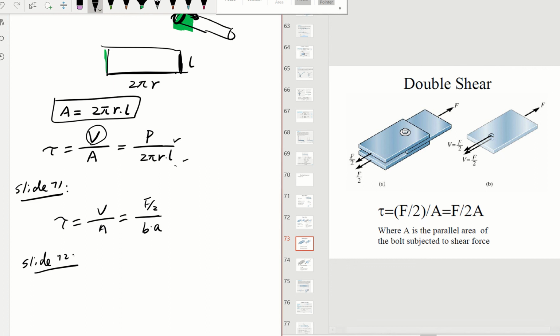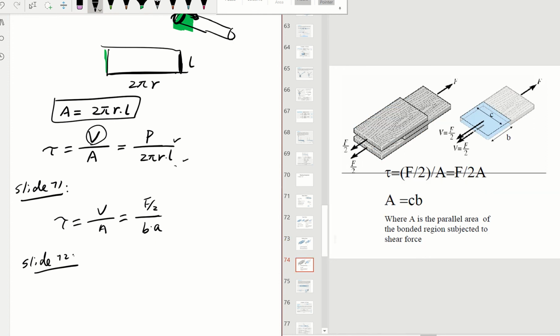Remember in the single shear earlier, it's just F, but now you have two surfaces. They balance this force together, so now it's only half of F. The cross-section area is the same, still the circular pi r squared for the bolt. Now let's look at double shear for wooden joints using the glue.